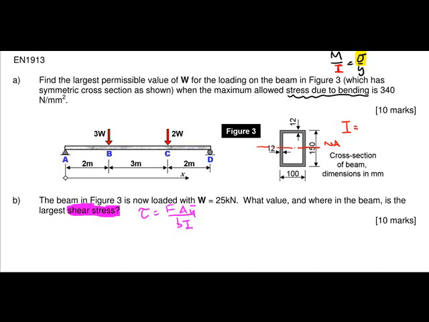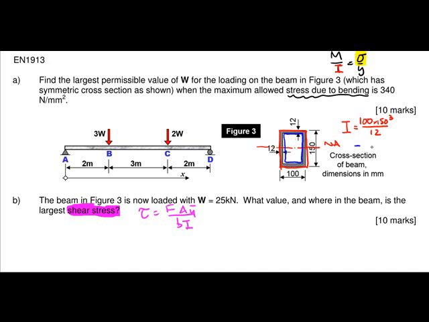It's an application of BD cube over 12 of the external rectangle minus the I of the internal rectangle. So the external rectangle is 100 times depth, BD cube over 12. That's the outer box. Outside minus the inside.